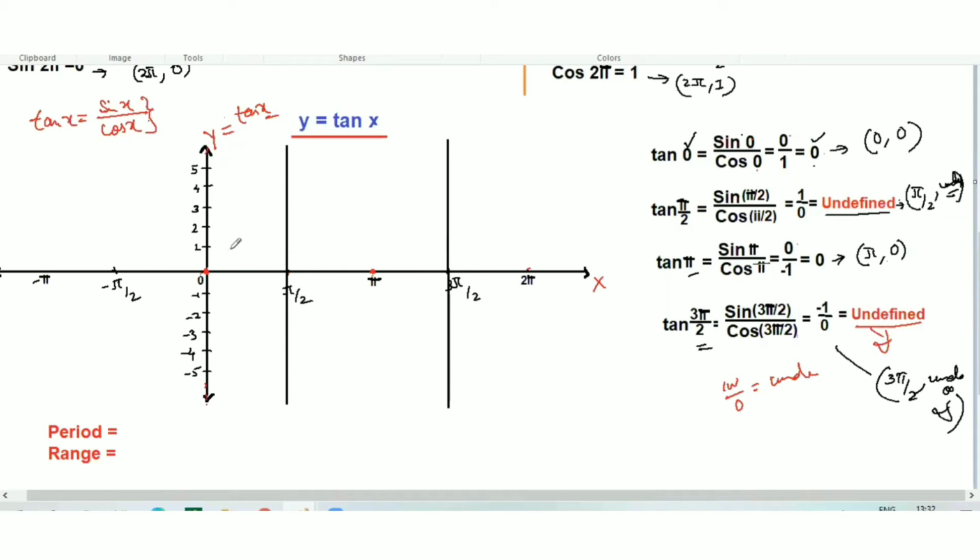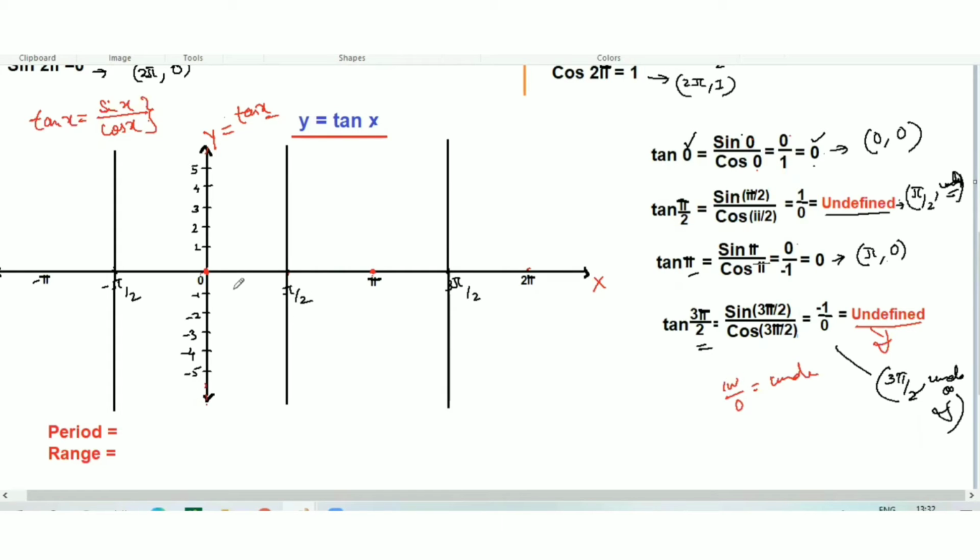We are going to make the graph here, and here. Okay, and then when we go to the negative side also, here as well we will get the asymptote line. Okay, so let's draw the graph. Here as well, at -π/2, an asymptote line will be there. Let's draw the graph here.